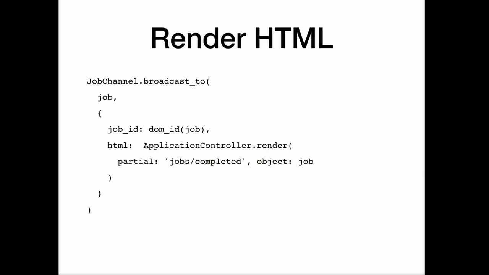There's this great thing now that you can call application render anywhere within your code base and reference a partial or an object and use your usual rendering and append it to the HTML and let ActionCable do the rest of the work. I think in this example, I'm just using a DOM ID to reference and update something that already exists on the front end. Sure, the JavaScript on the front end isn't that neat because you're appending and removing things, but it makes good use.